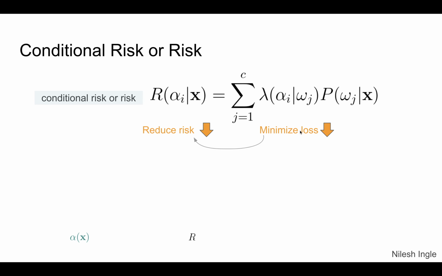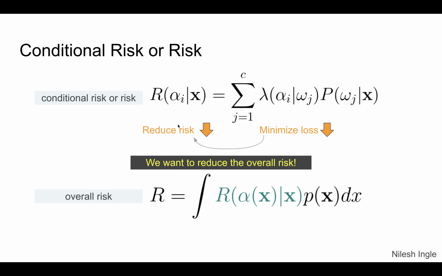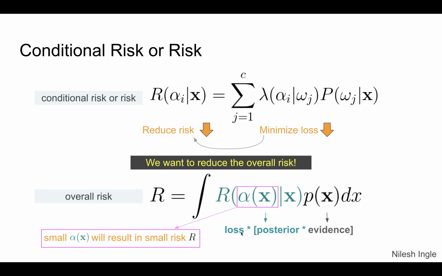So the idea is to minimize the loss to reduce the risk. And with that, we can calculate the overall risk by this integral as shown here. In the teal color, we multiply the loss and posterior and then multiply it by the evidence, which is on the right hand side here.